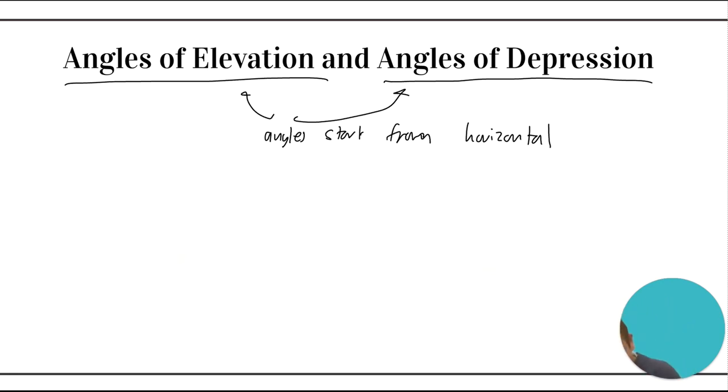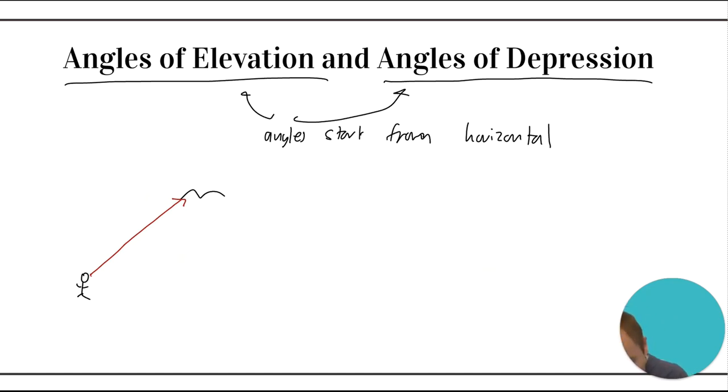Okay. So what that would mean is, for example, you might have a person down here, and then up here in the sky you have some bird or something that that person is looking at, right? So, of course, the person's eyes are going to elevate and be looking in that direction towards the bird. But the important thing to understand about that is it needs to be starting from horizontal.